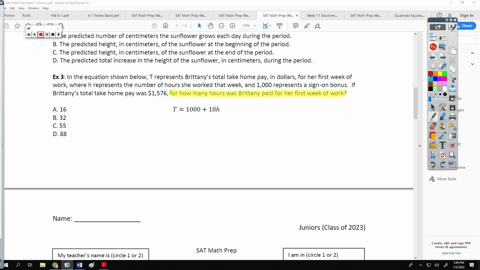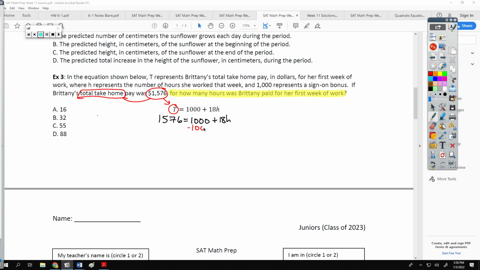We're trying to solve for H. So what we're going to do is take this number here, which is her total take-home pay, meaning that is going to be our T value. We're going to plug that in for T. That would give us the equation 1,576 equals 1,000 plus 18H. And notice that that is only one variable, so at that point we should realize that we need to solve.